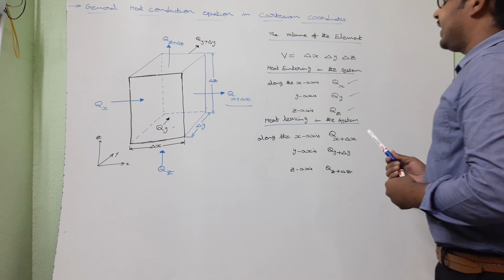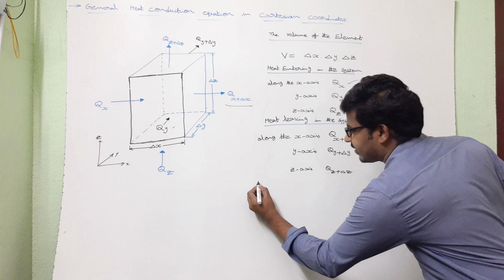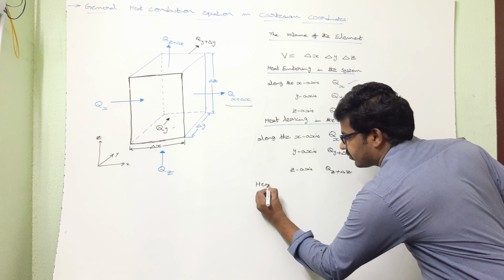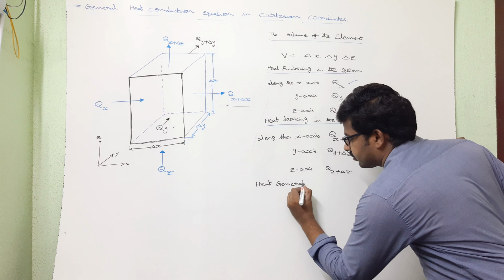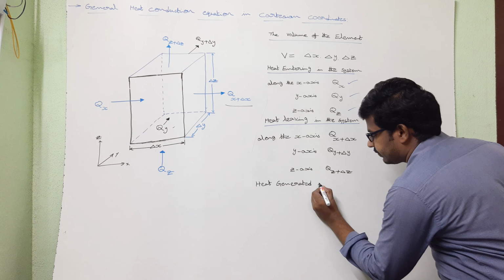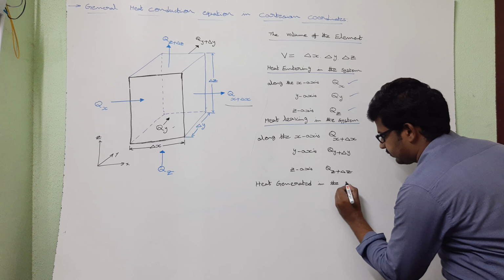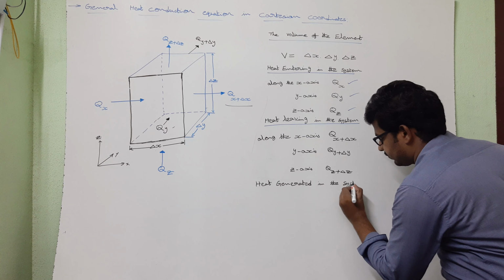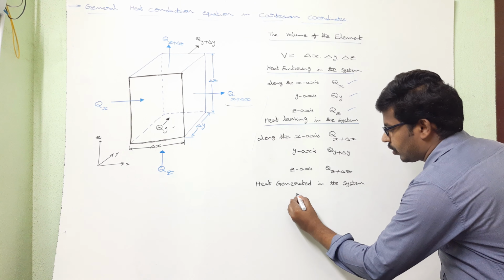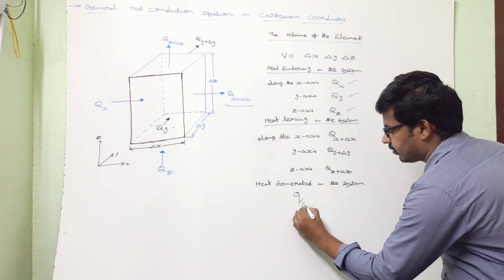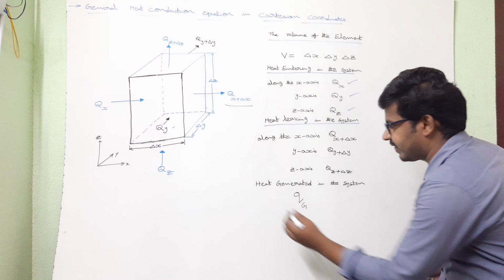Next one, heat generated in the system. Heat generated in the system is equal to Qg.